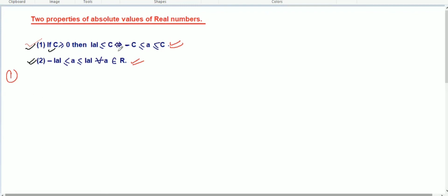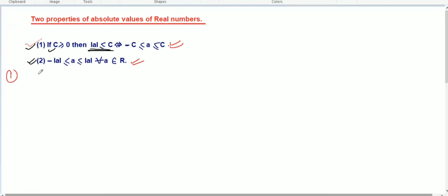See here, it says if c is greater than or equal to 0, then the absolute value of a is less than or equal to c. It implies that a is greater than or equal to minus c and less than or equal to c. So what we can see is the absolute value of a is less than or equal to c.